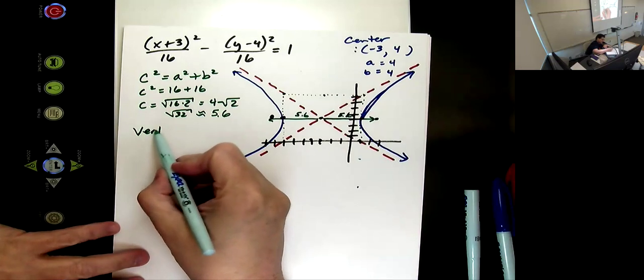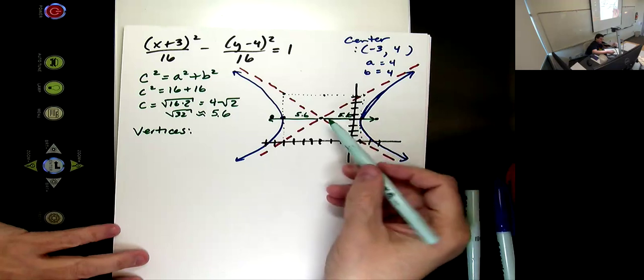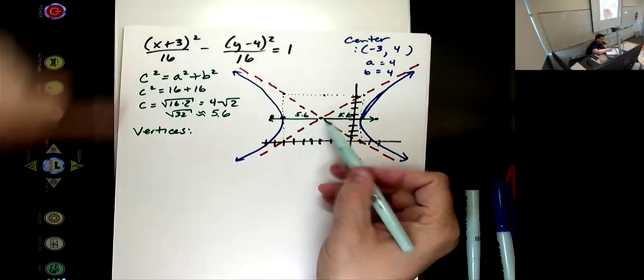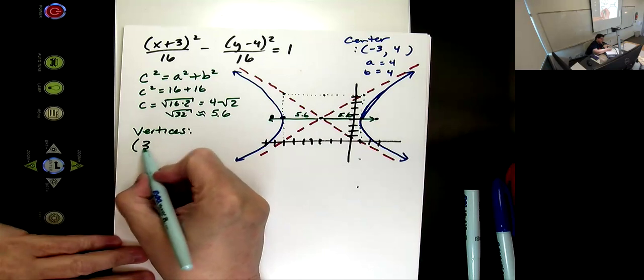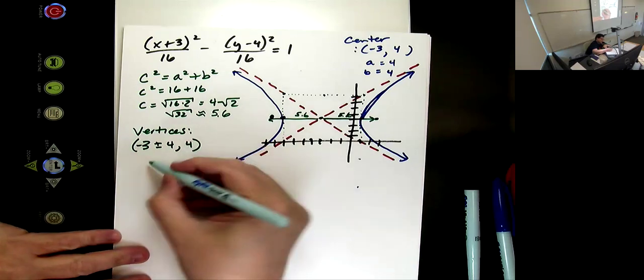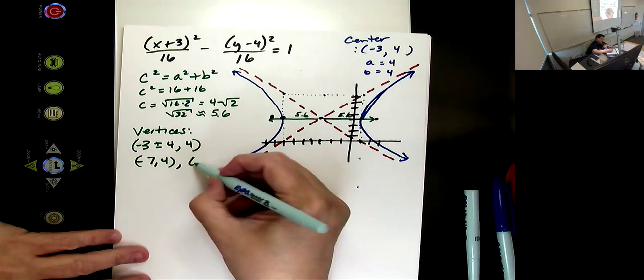So the vertices are plus or minus 4 along X from the center. That is -3 plus or minus 4, comma 4. So -7, 4 and 1, 4.